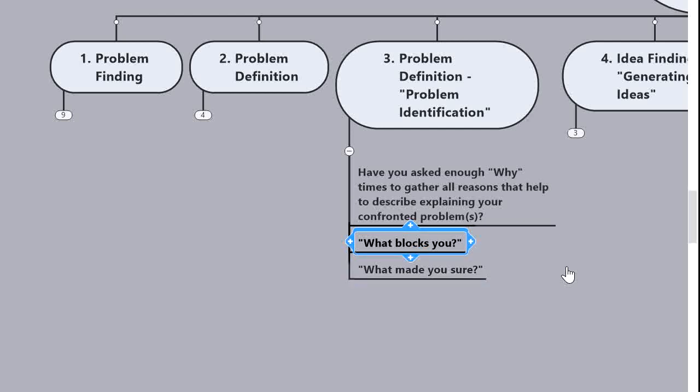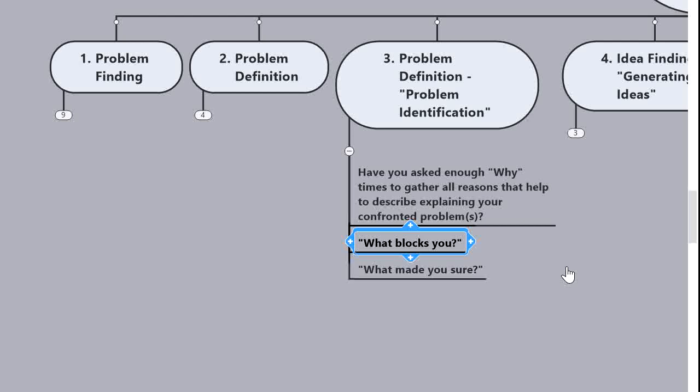What blocks you? Try to understand the problem in front of you and the constraints that block you around it, then gather them up or write them down, and start thinking about each one by itself, about a solution for passing this constraint.